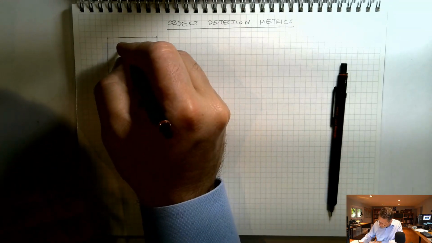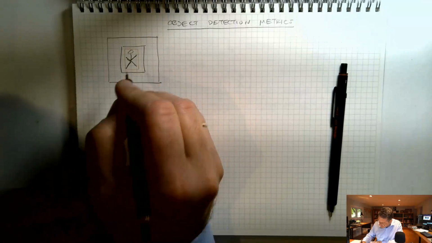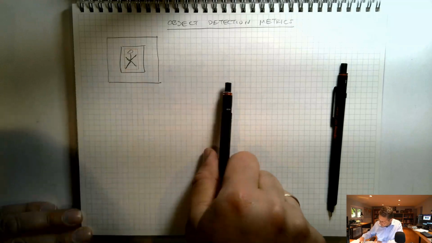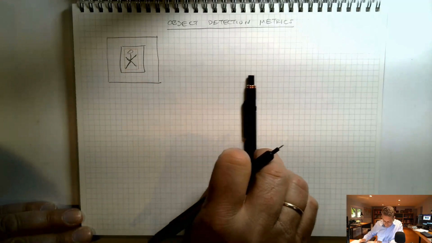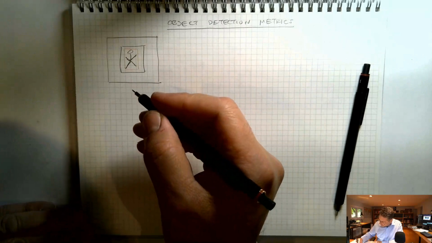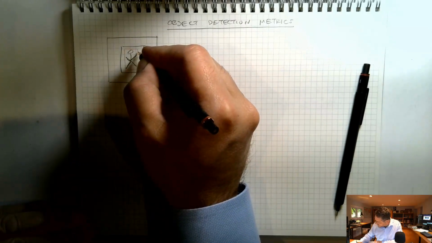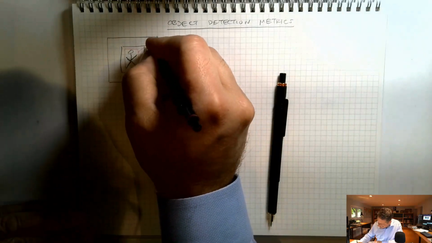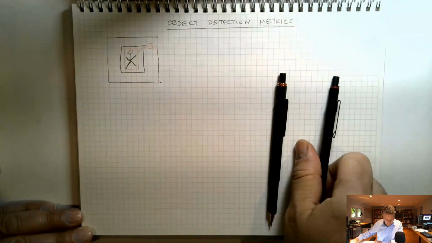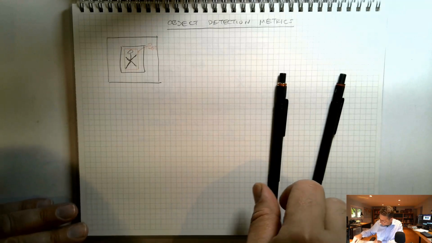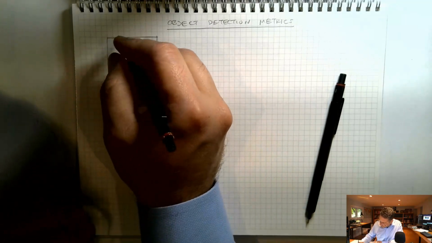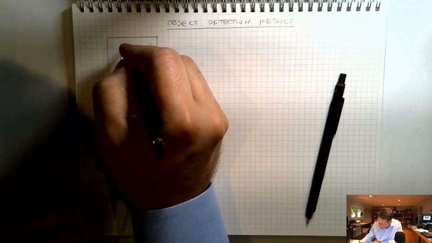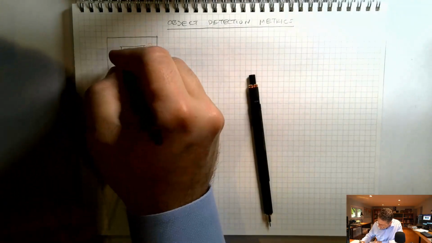And my object detector is going to position another bounding box around that class. We'll call the first one BGT, the bounding box of the ground truth, and that bounding box will be accompanied with a class. Let's call it this class person.